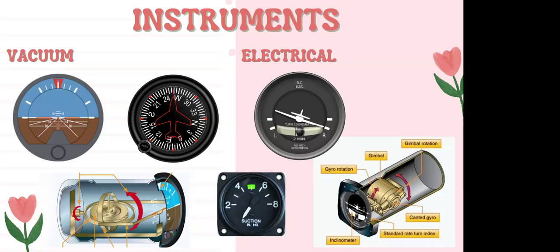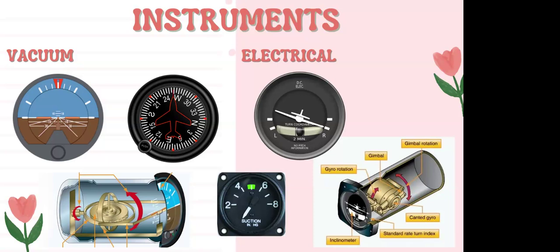You can notice that the gyro inside of the turn coordinator looks a little bit different from the gyro inside of the attitude indicator or the heading indicator. Those two look pretty identical. And the reason for that is because instead of being vacuum driven, it's actually electrically powered.